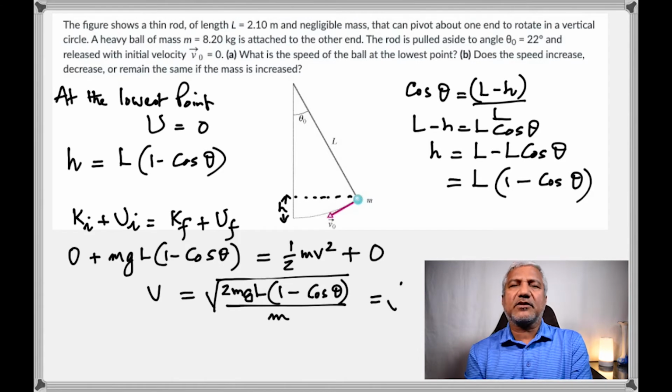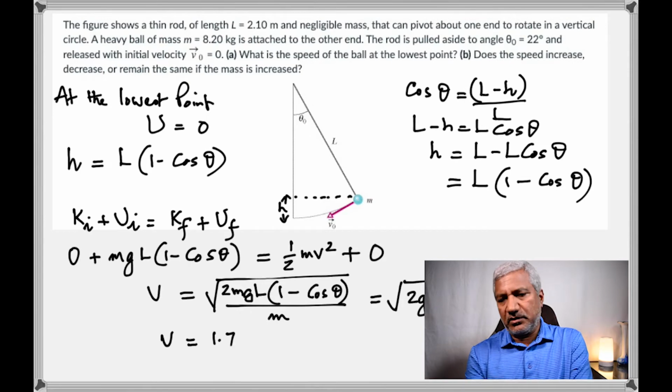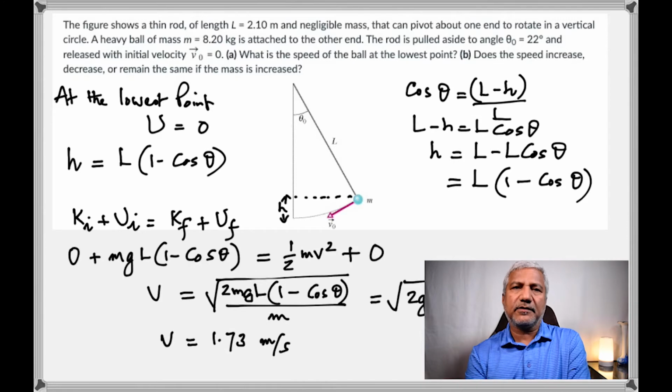From there we can solve for velocity. Rearrange and solve, we get this formula. It's always going to be square root of 2gh. Then plug in the numbers and we get 1.73 meters per second.